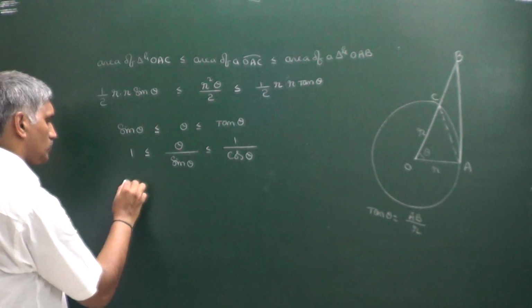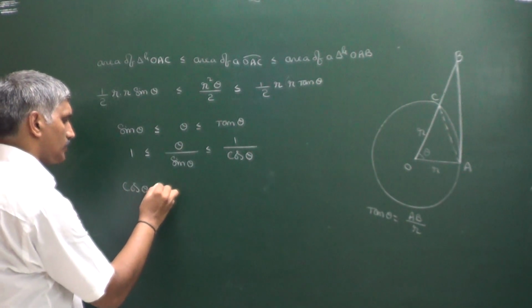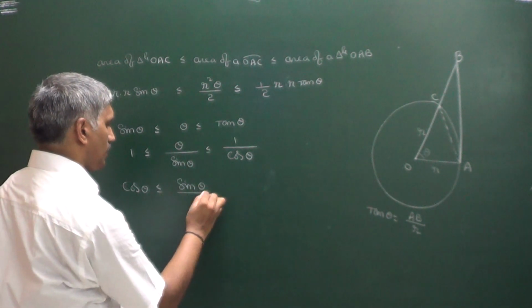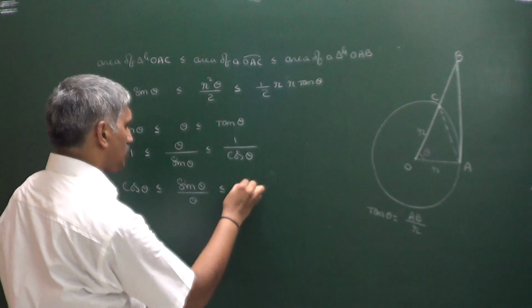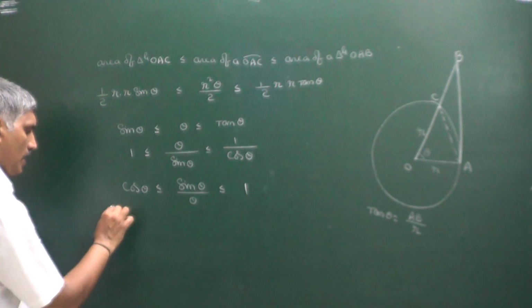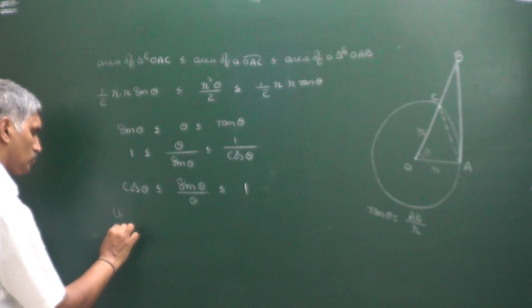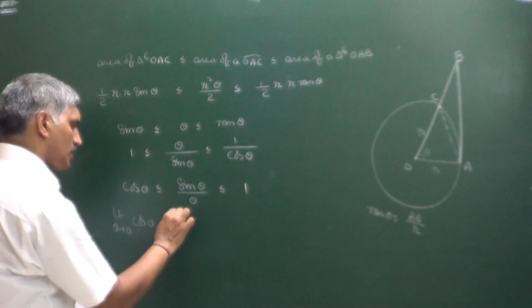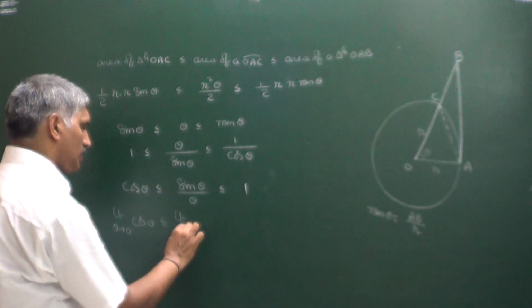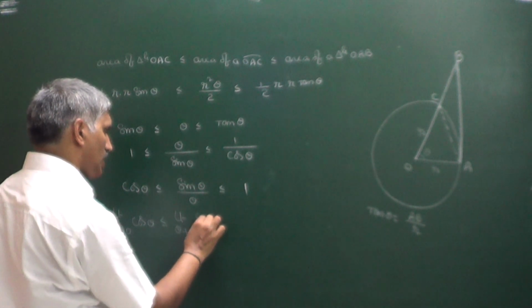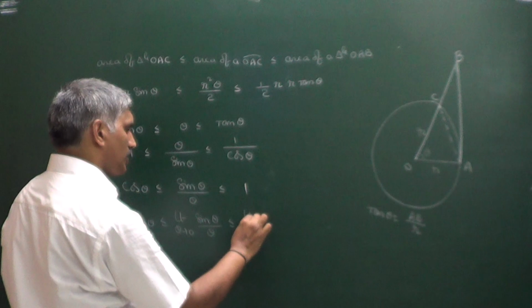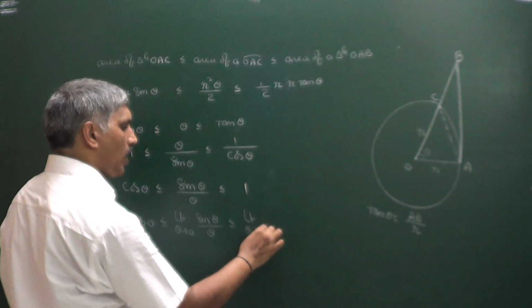Now I can write this as cos theta less than or equal to sin theta by theta, which is less than or equal to 1. Now as limit theta tends to 0, cos theta is less than or equal to limit theta tends to 0 sin theta by theta, which is less than or equal to limit theta tends to 0 of 1.